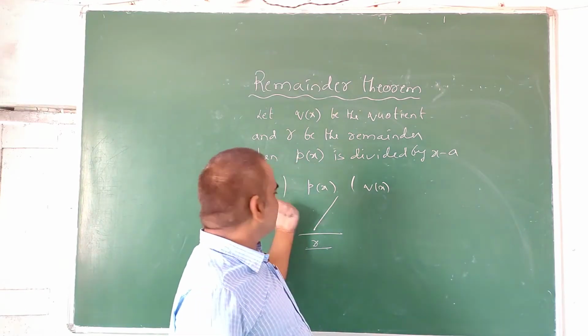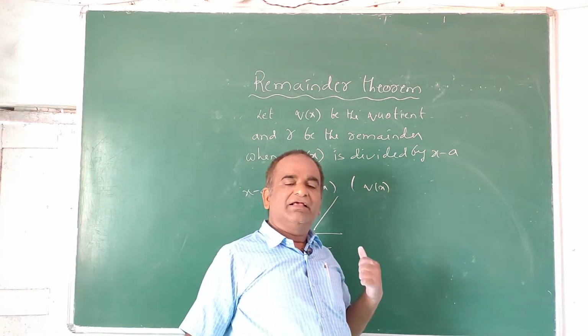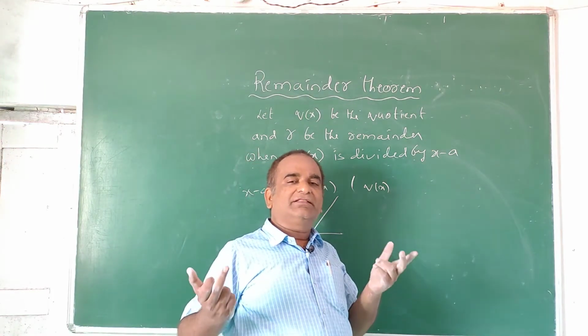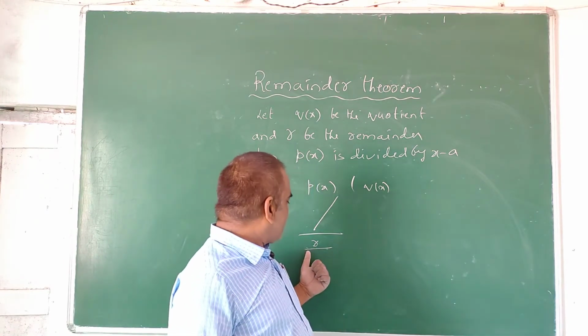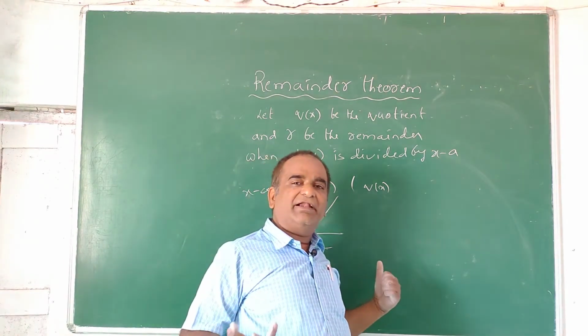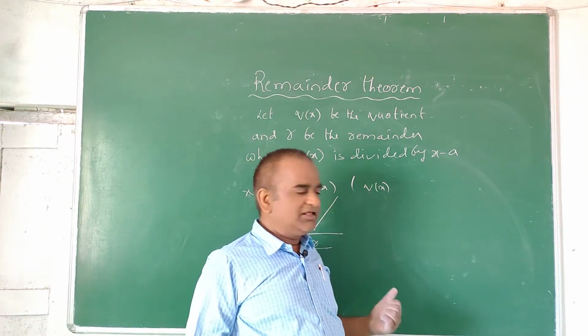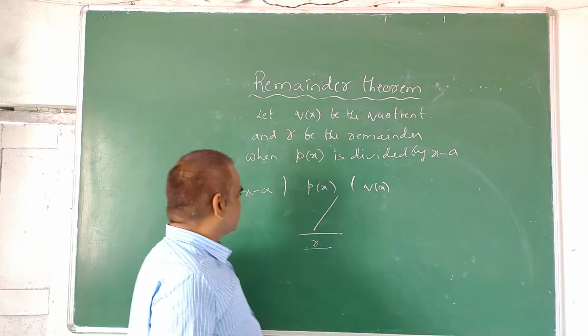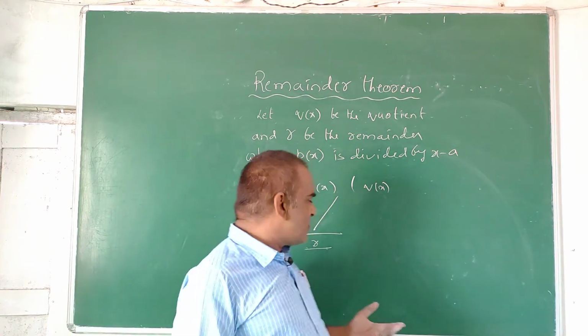The degree of divisor is 1, so the degree of remainder is less than 1. So the only possibility is it is 0. Less than 1 means it is 0. So the degree of remainder is 0. Remainder 0 means it is a constant. So here our remainder is constant. So this is how the division process has gone.